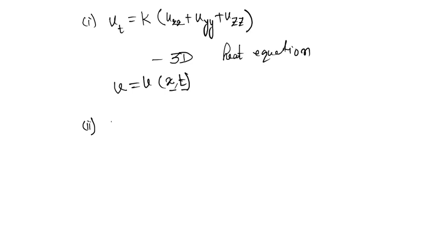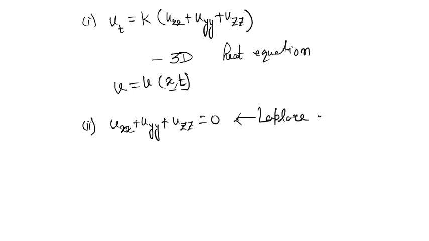This is u xx plus u yy plus u zz equal to 0. It also has a special name, it is called the Laplace equation.